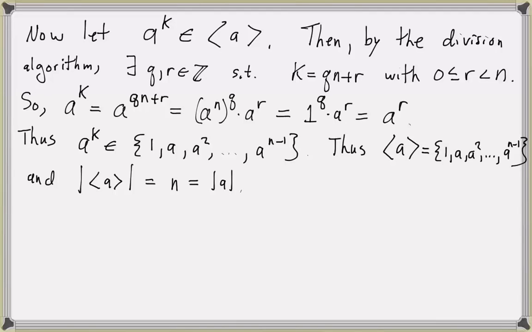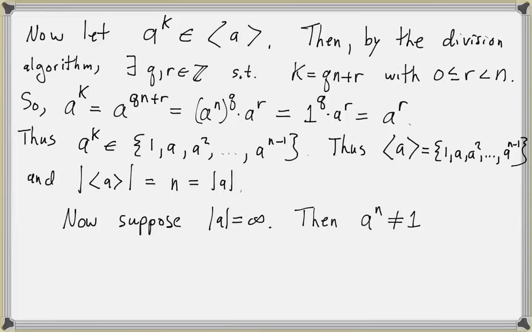For the second part, let's suppose that a has infinite order. And by definition of infinite order, a to the power n cannot equal the identity element 1 for any non-zero integer n.